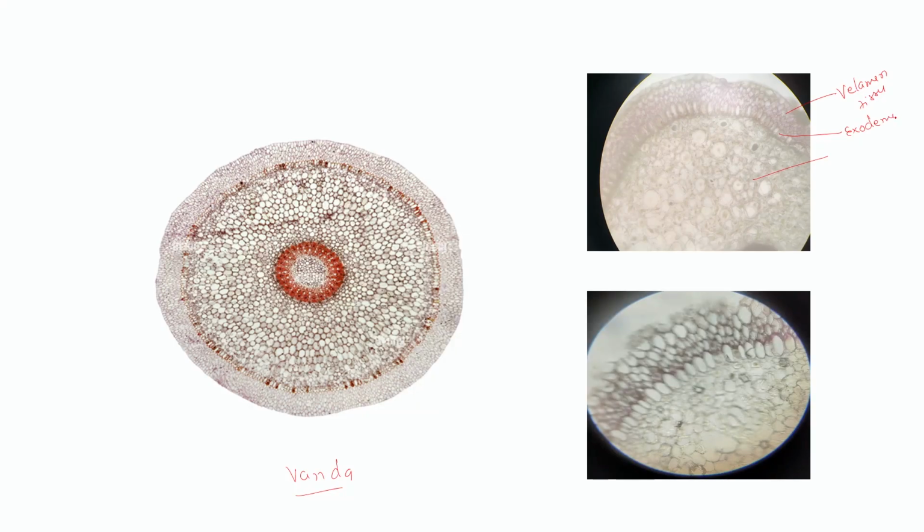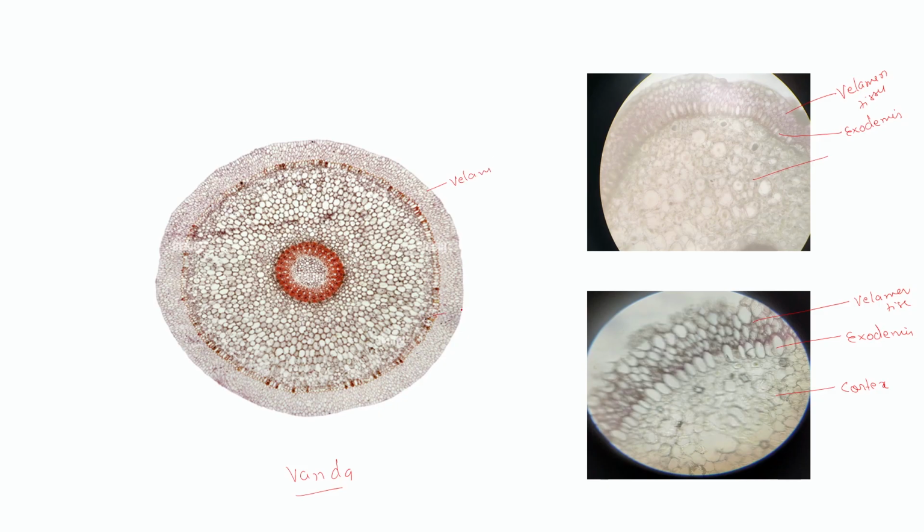They will be thick walled, so you can clearly see the presence of exodermis. In this also, these bigger cells are exodermis, and these are somewhat elongated cells. This is the velamen tissue and this is the cortex, which is basically parenchymatous in nature. And this is the entire structure where you can see the velamen tissue. A thick velamen layer is present outside.